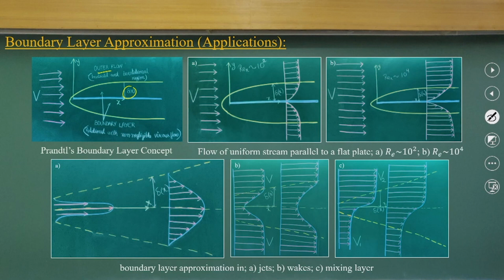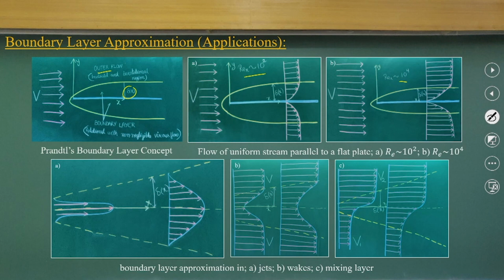If you look at these two experimental cases, you have a Reynolds number of 10 to the power 2 and 10 to the power 4. So, it is almost 100 times higher Reynolds number. For a higher Reynolds number, you can increase the velocity.